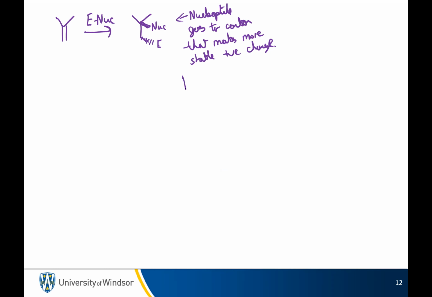This is called Markovnikov's rule. Modern variation, because the old variation is really inaccurate.